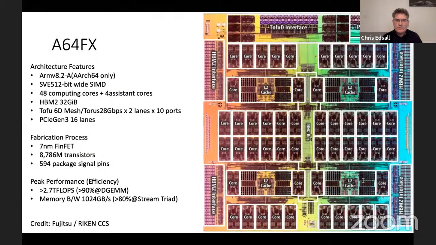This is the Fujitsu A64FX, which is ARM architecture 8.2. It has 512-bit wide SIMD vectors and 48 cores which are used by the application. It actually has more cores on the chip, and it reserves some of the cores for running the operating system and the remainder of the cores for the application.